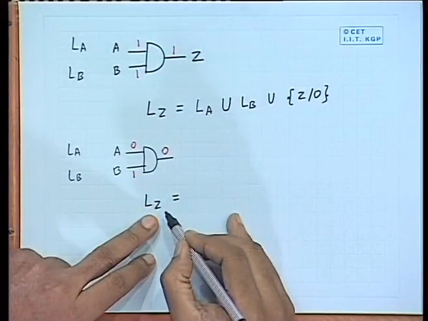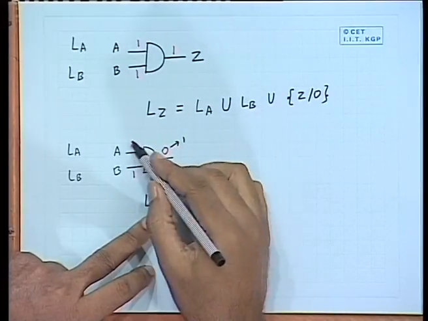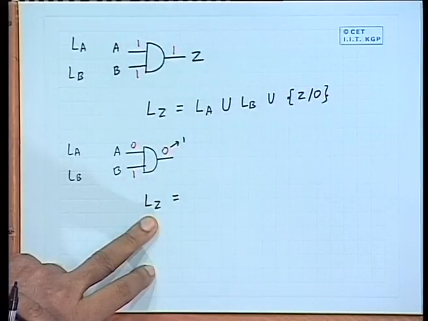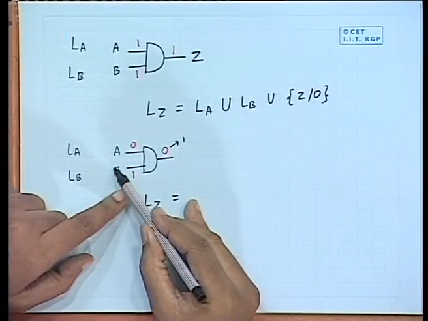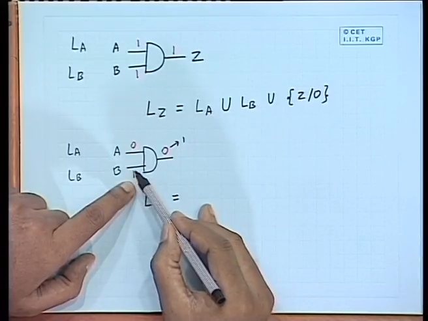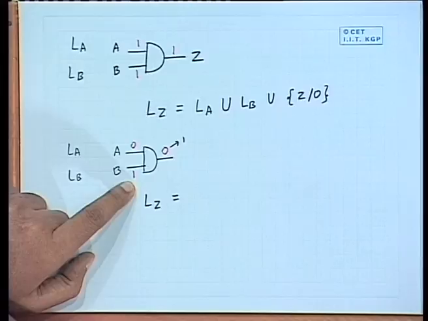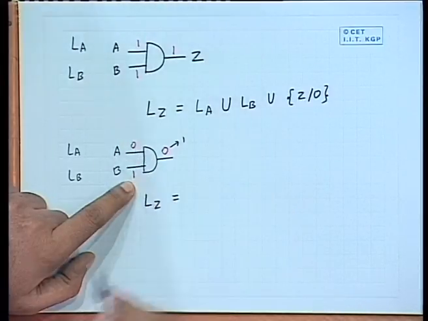So, LZ will contain all those faults which will make this 1. Now, let us see how we can have this at 1. There are two conditions. One condition is that B will not change, B will remain 1, but A will change. So, A will change, B will not change.